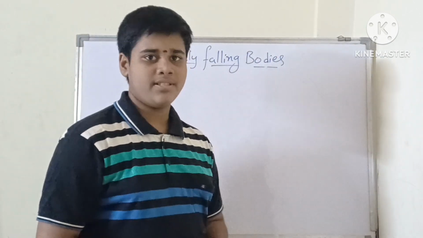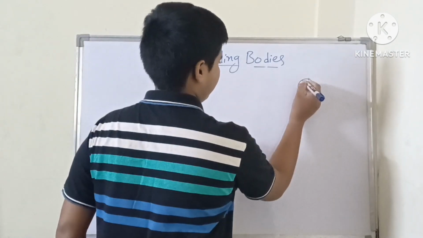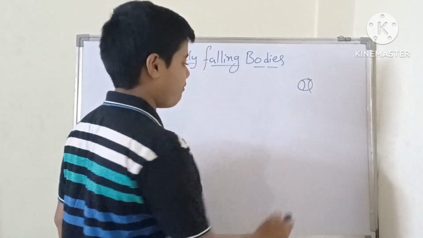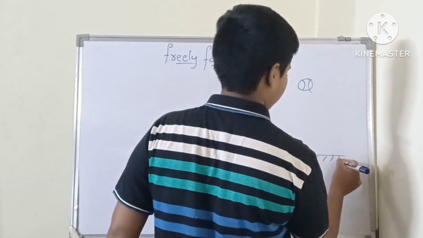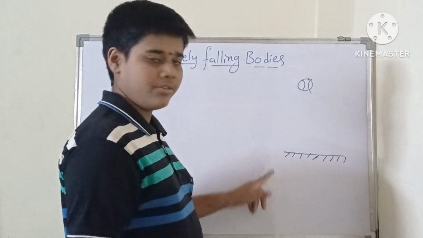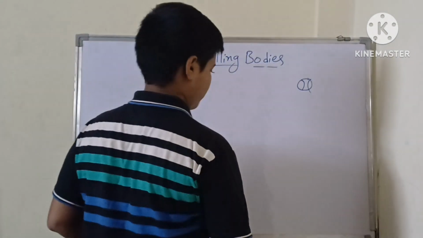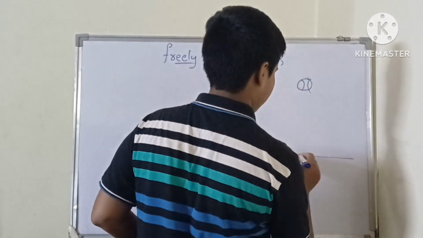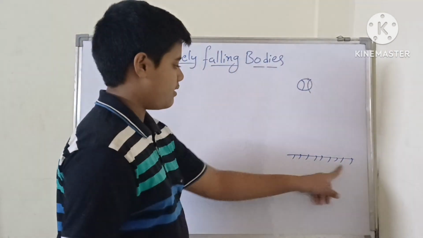Freely falling bodies means if I am taking a ball at a certain height from the ground. So this is the ground.